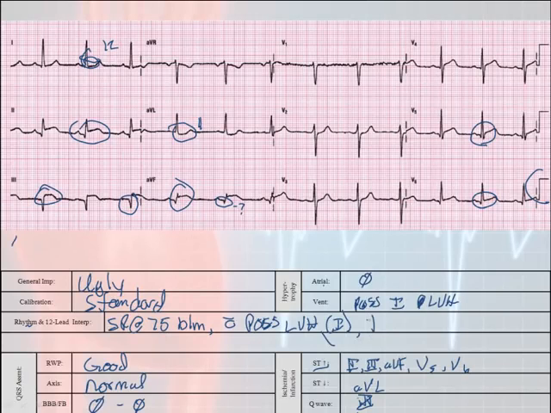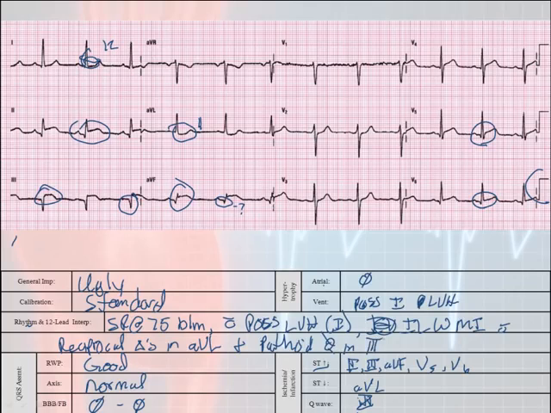Looks like we have an inferior lateral wall MI with reciprocal changes in AVL and a pathological Q in lead 3.